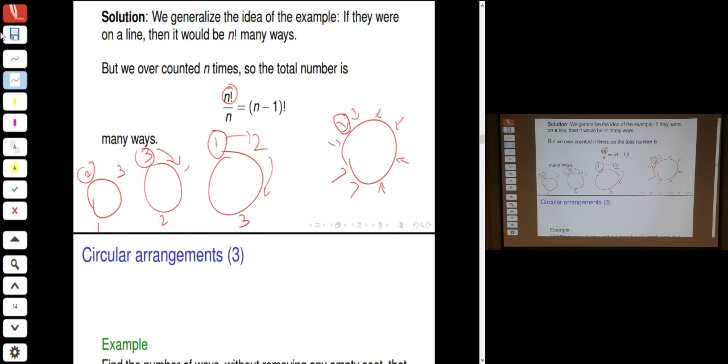If you start from the object sitting here and enumerate the rest of the circular arrangement clockwise, you get a linear arrangement.